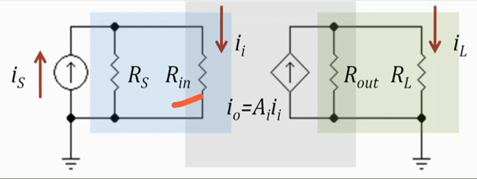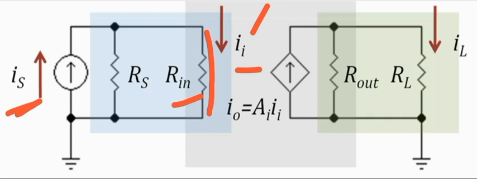So if it is ideally 0, it can be represented by a short circuit, and the current that enters inside the current amplifier will be II right over here, which will be nearly equal to what is being sourced inside the amplifier.